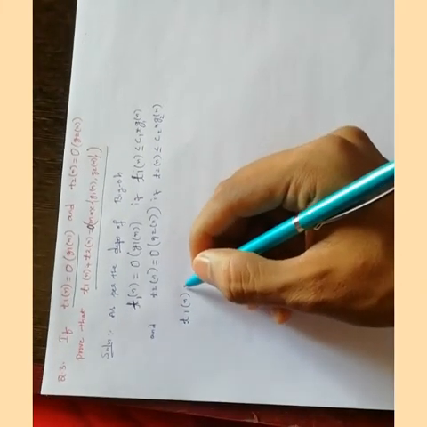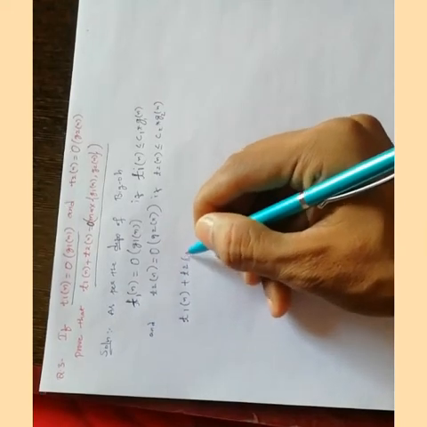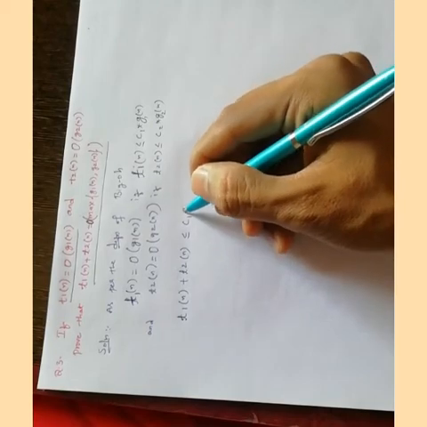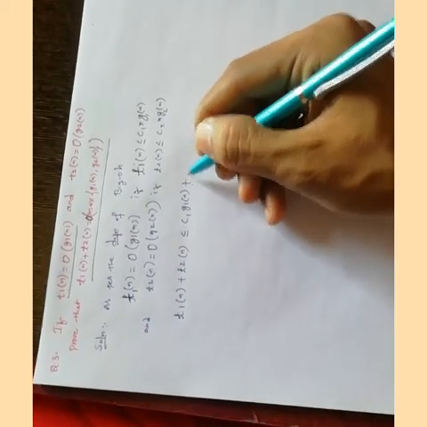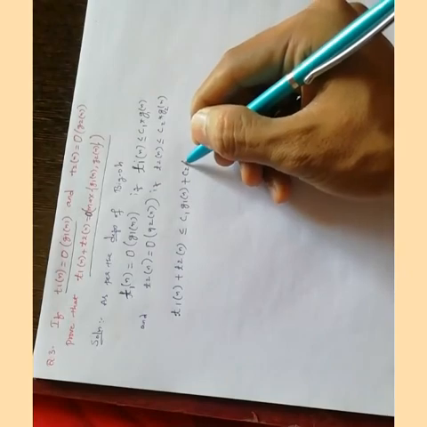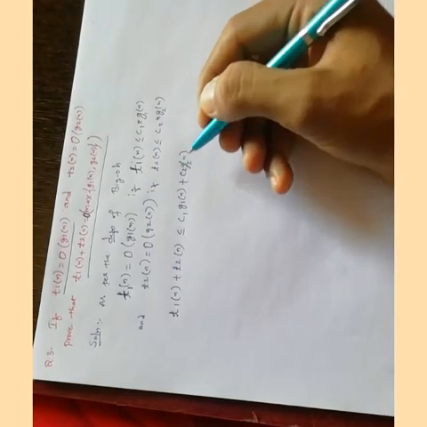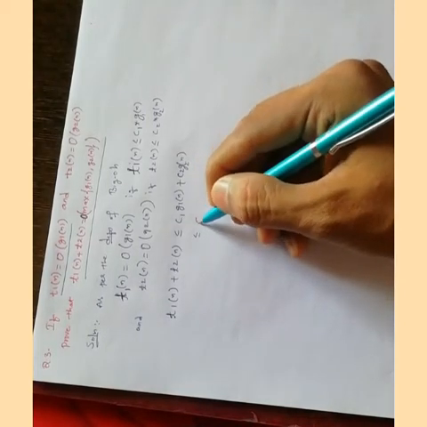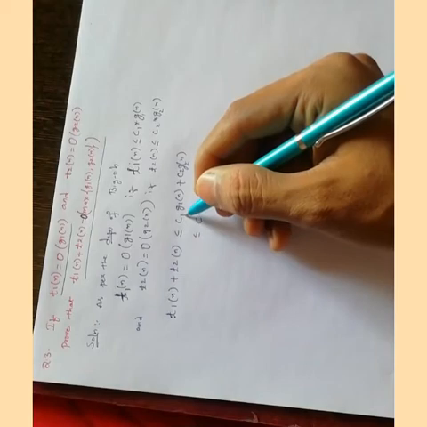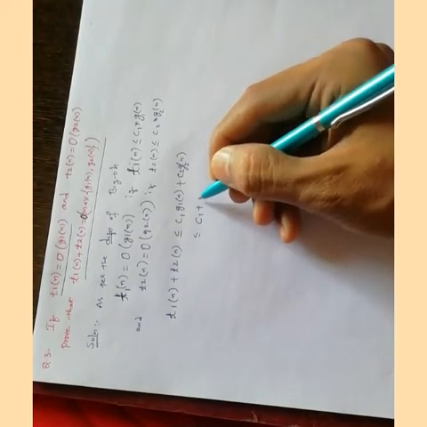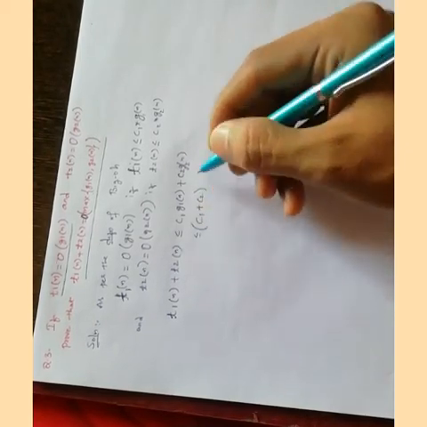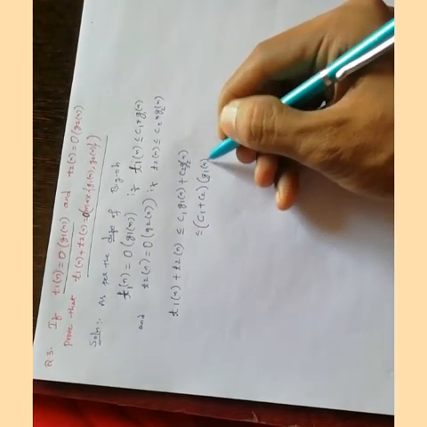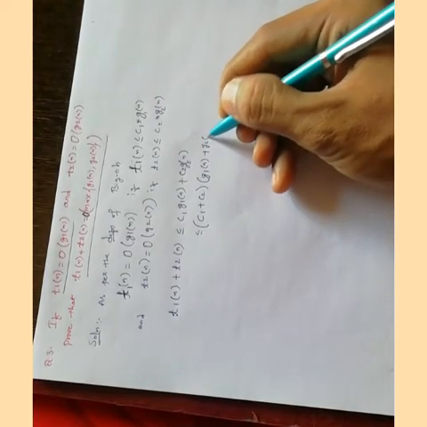t1 of n plus t2 of n is less than or equal to c1 into g1 of n plus c2 into g2 of n. So we can take a constant outside: c1 is one constant, c2 is one constant, so c1 plus c2 multiplied by g1 of n plus g2 of n.